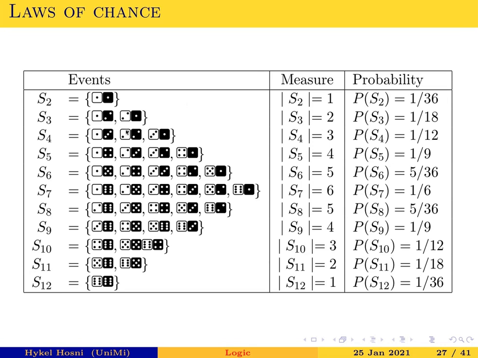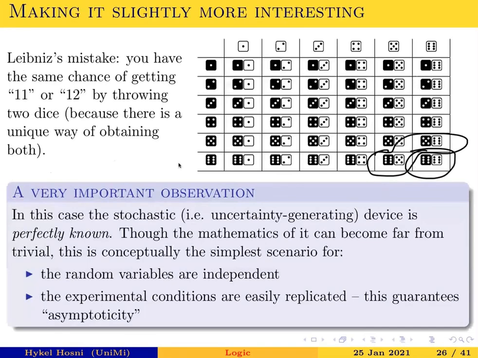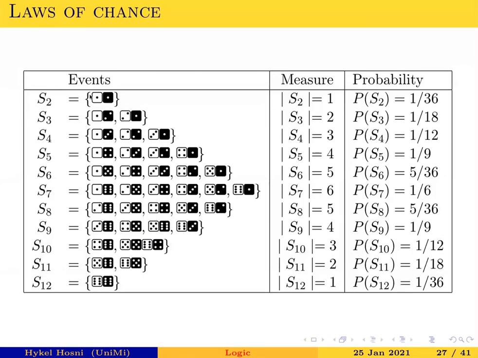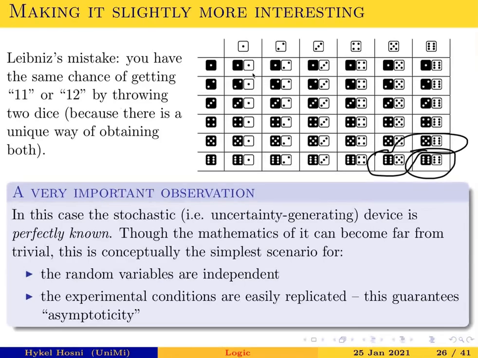So it's in the dice thing. I'm just rewriting this in another form. You have sets, which are indexed by the sum of the points which you obtain. So the set indexed by 2 is the set of outcomes which give you a sum of 2. So just one case.